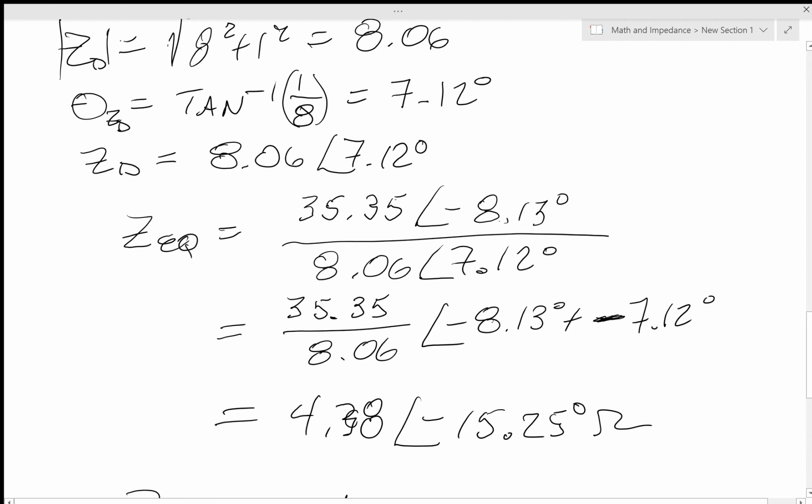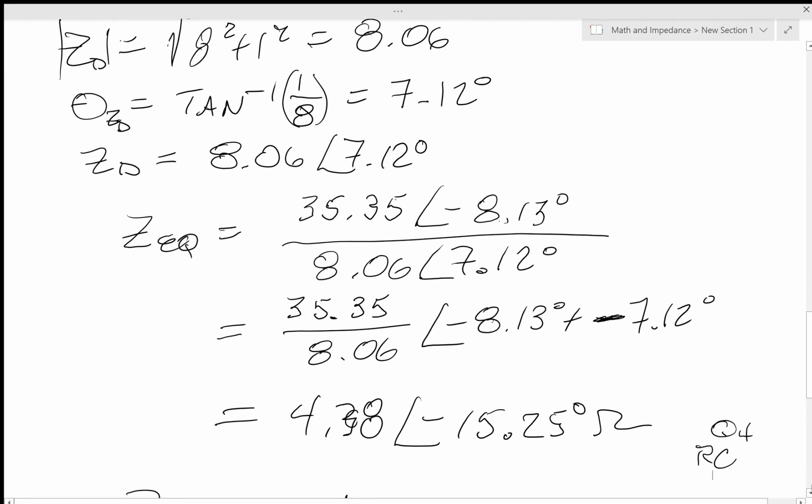Now what I have is 4.38 at an angle of minus 15.25 degrees, in ohms. So this looks like it's in quadrant 4 because it's negative. Quadrant 4 is an RC network. So let's just see if that comes out to be an RC network.